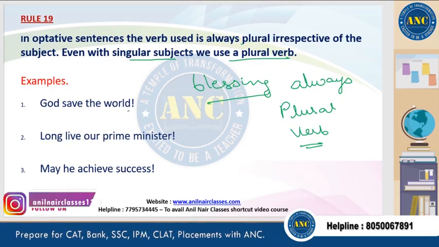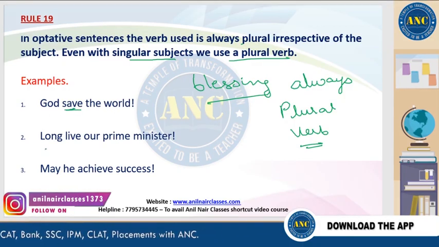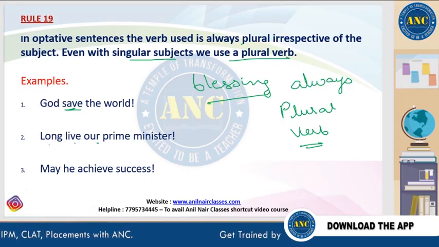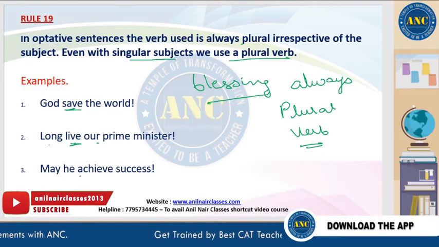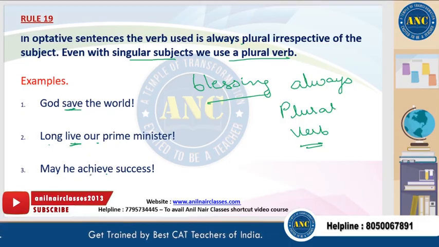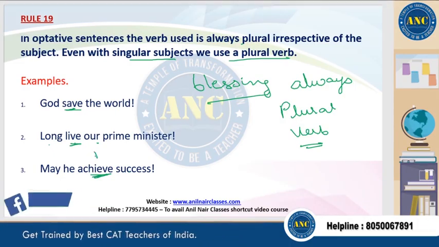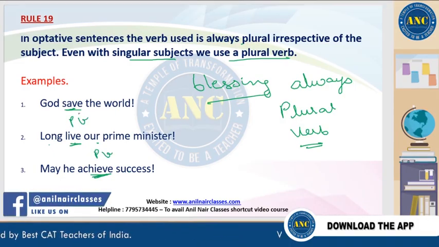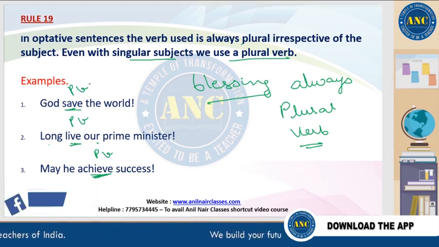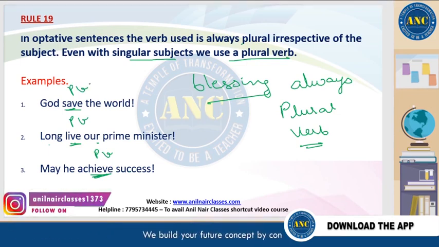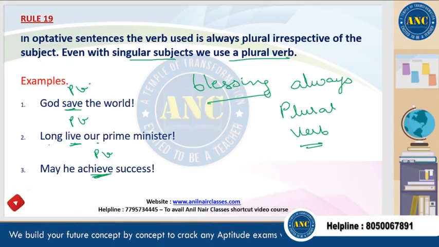Say, God save the world. So save is always the plural form. Long live our Prime Minister. So again live is the plural form. May he achieve success. So again achieve is in the plural form. So we always have the plural form when we are giving blessings. Clear? Fine. Blessings are always for everybody. Right? Let's move to the next.